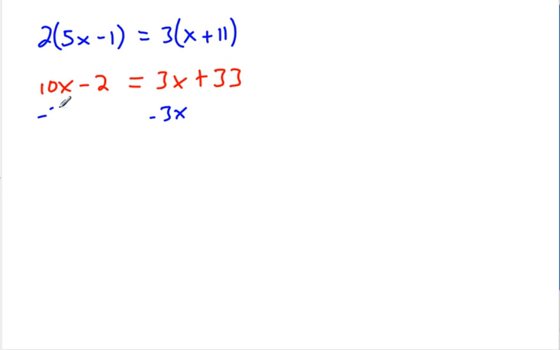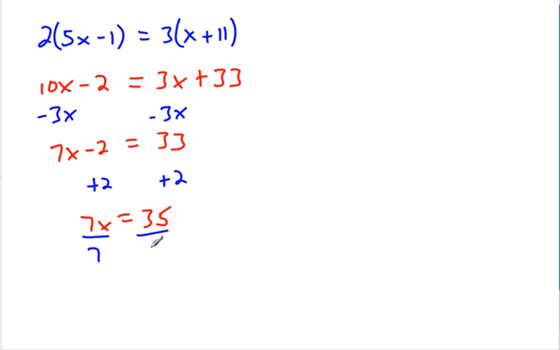We can subtract 3x here, and that'll leave us with 7x minus 2 equals 33. We're going to add 2. So 7x is going to equal 35, and now it's pretty obvious. Looks like it's going to be 5, so x equals 5.